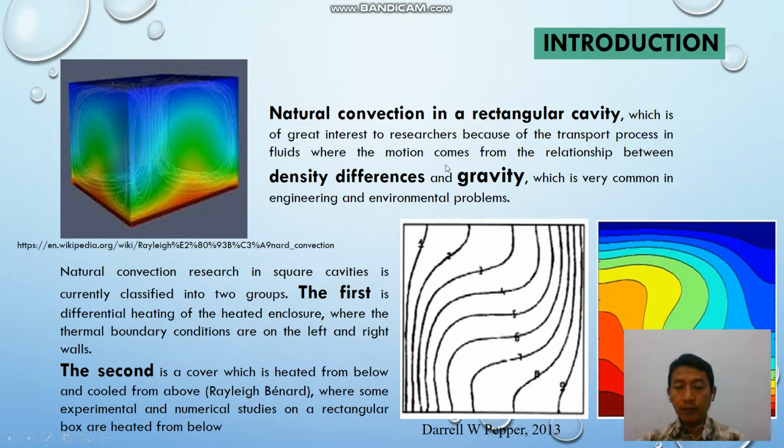Natural convection in a rectangular cavity is of great interest to researchers because of the transport process in fluids, where the motion comes from the relationship between density difference and gravity, which is very common in engineering and environmental problems.